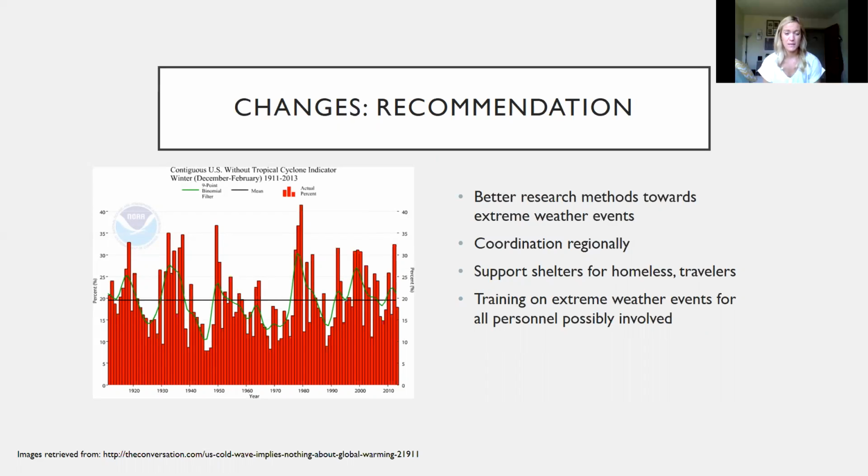So this picture here shows you kind of the trends that have happened in cyclone indicators, and normally they'll use this in conjunction with a couple other measures to predict extreme weather events as far as cold goes. And you see that this is a fairly random trend, and it doesn't really show anything that you can pinpoint that, oh yeah, you know what, cold weather would be coming.